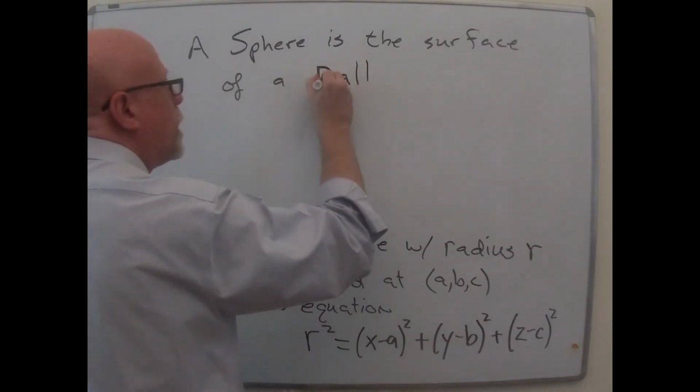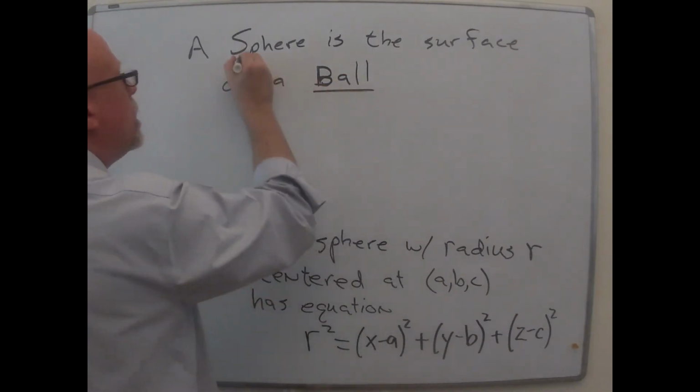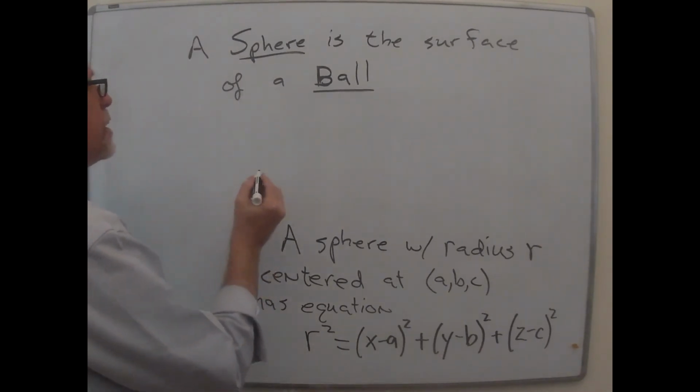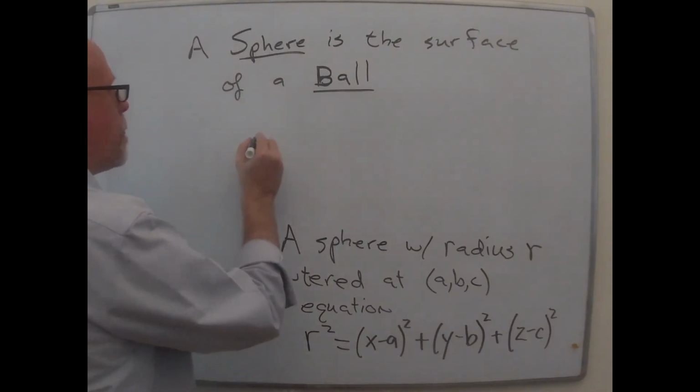I guess I should capitalize that one too. Okay. So really the ball would be, well, with a less than or equal to, and the sphere would be this equal to.